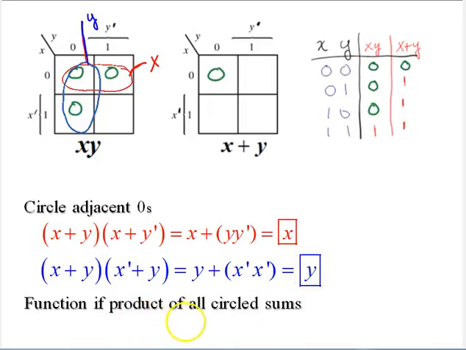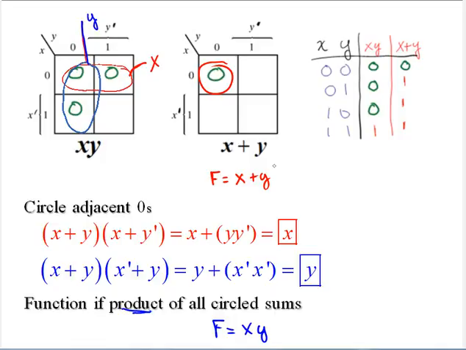So our function then is the product of our encircled terms. Key here, that's the product. So our f is equal to x, y. And again, this one's not so interesting. When we encircle that 0, we just end up with the max term. So our f is equal to our max term 0, x or y.